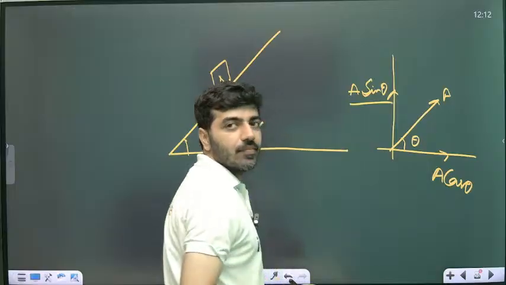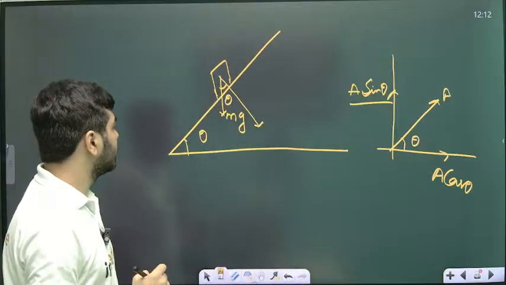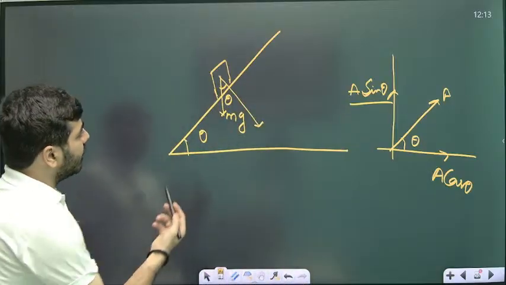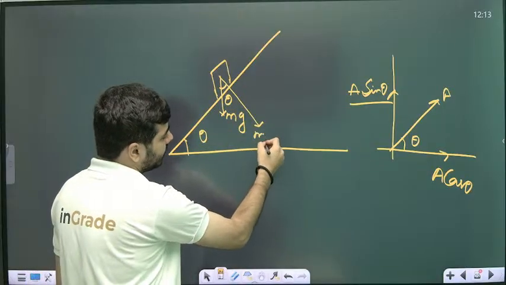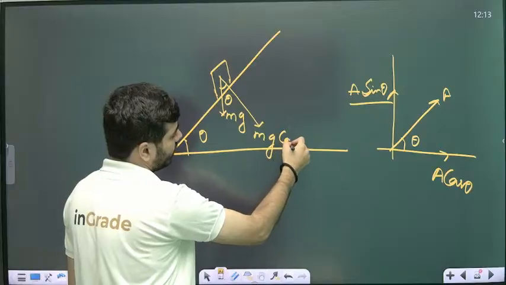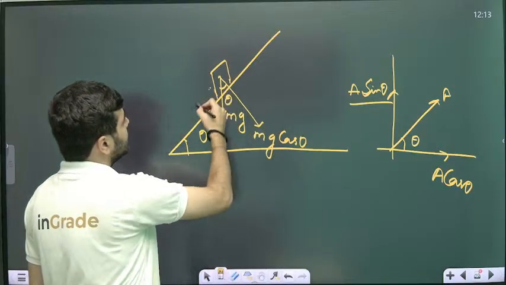In the morning I have told you. So mg is acting in the downward direction, and we have two components, mg cos theta and mg sin theta.